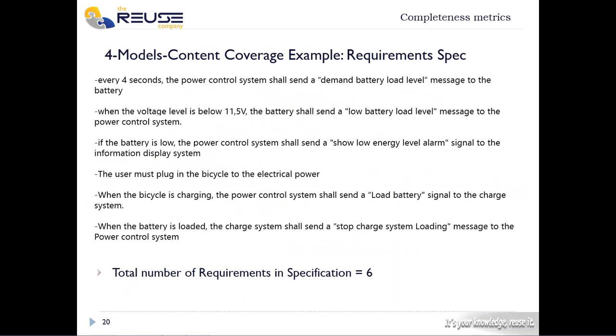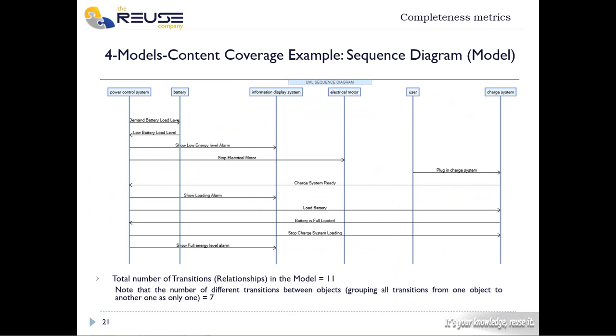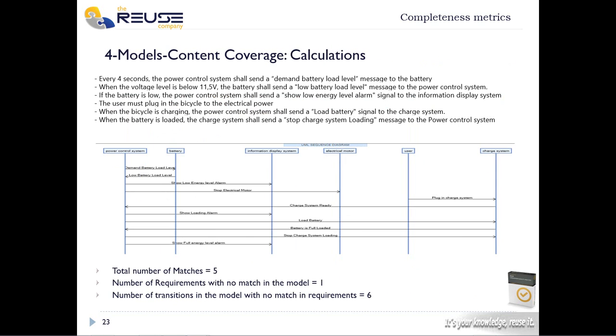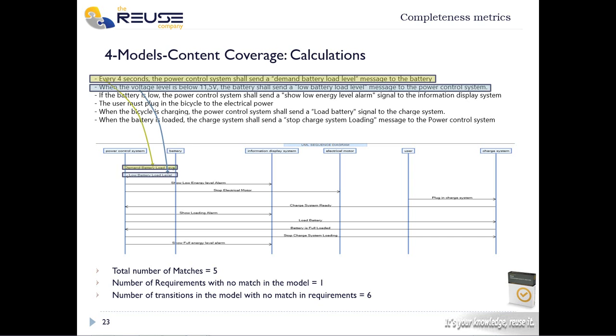For example, if the requirement specification is formed by the following requirements, feel free to stop the video to read them. And the model to be compared with is a UML-SysML sequence diagram with 11 transitions between 6 objects, the matching process will connect a requirement with a transition, performing the whole operation for the spec and the model.